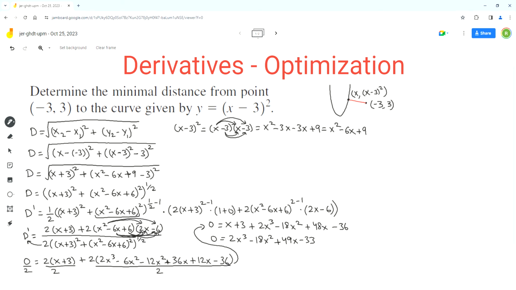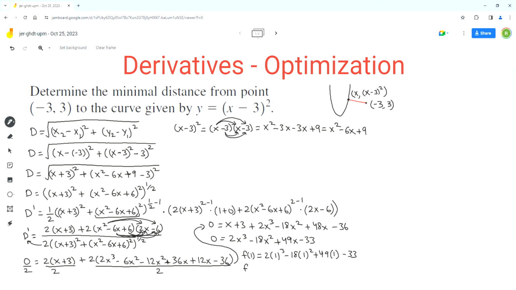Now here we'll have to use the rational roots theorem to solve this equation. So here the first x value we can try is x equals 1. So if we sub in x as 1, we get 2 times 1 cubed minus 18 times 1 squared plus 49 times 1 minus 33.